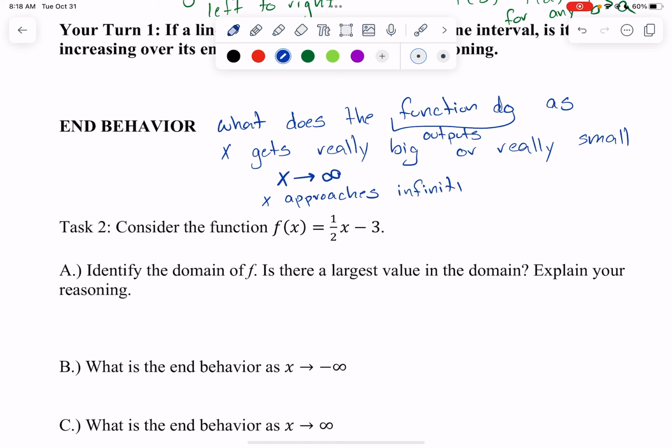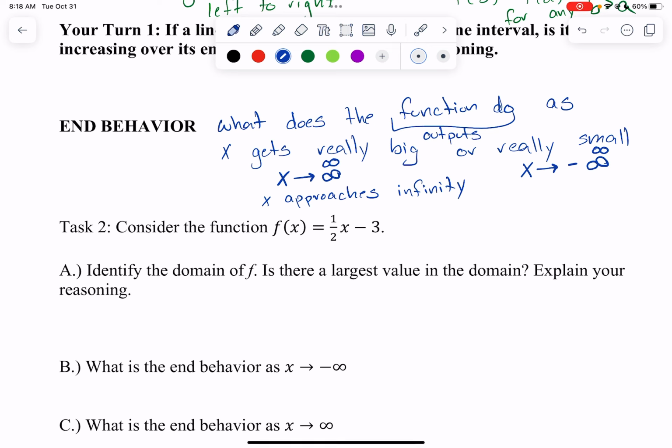All that means is as x gets really, really big, what does this function do? And then we talk about x getting really small. We write it this way, x approaches a negative infinity symbol. I have a hard time with my infinity symbol. Sometimes it helps to turn my paper sideways and write an 8. I tend to do it as 2 zeros like that.